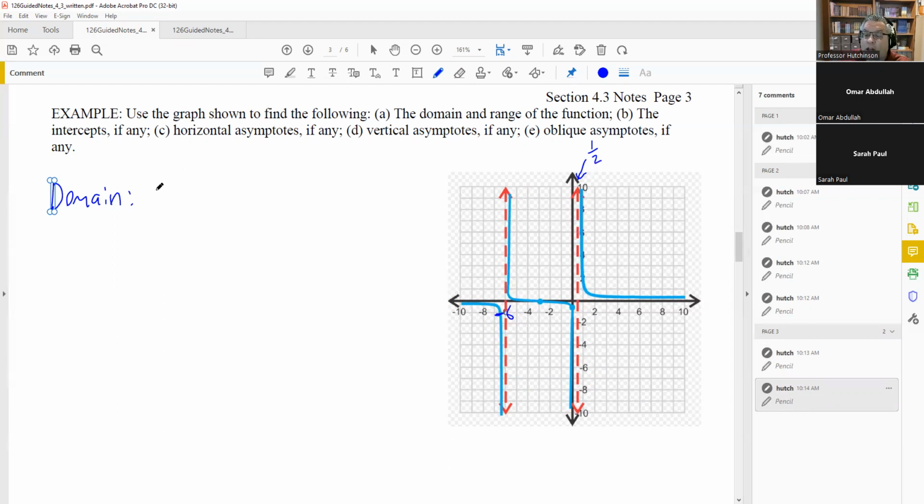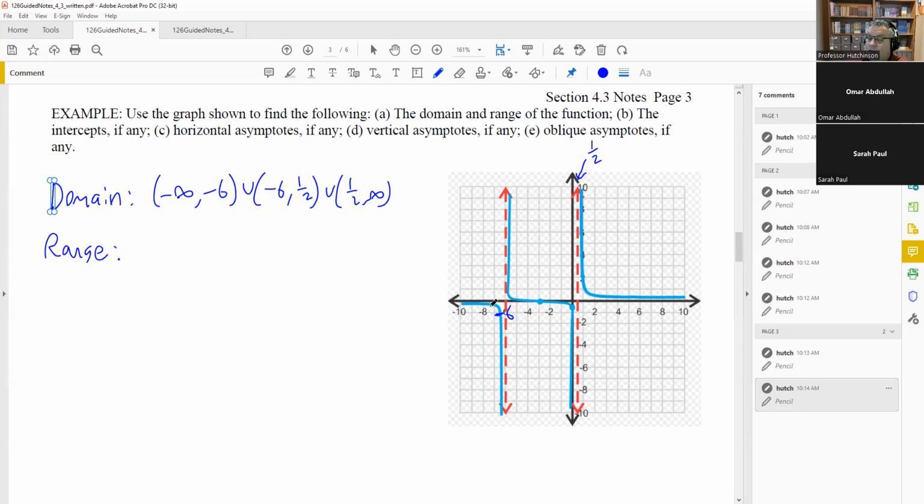So the way that we'll write that is we're going to go from -infinity to -6, so everything before is included. Then everything between -6 and 1/2 is included, and then we've got everything from 1/2 to infinity. So basically, this is just saying you're including all the x values except for -6 and 1/2. Everything else is included. So that's your domain.